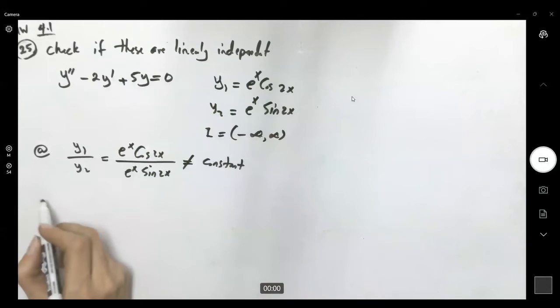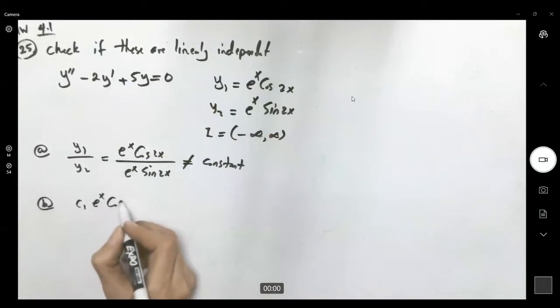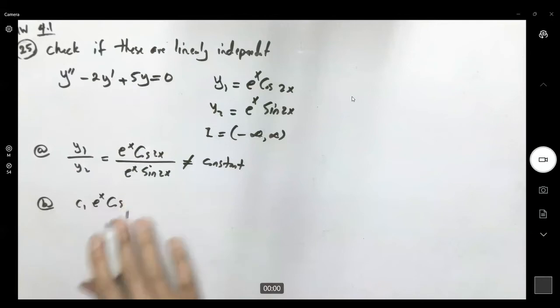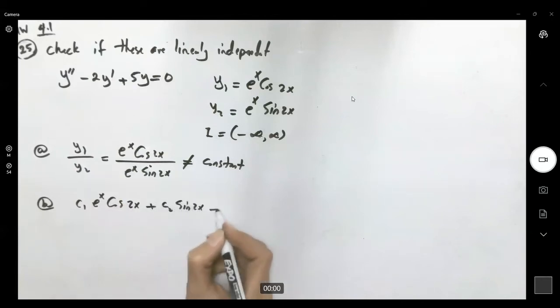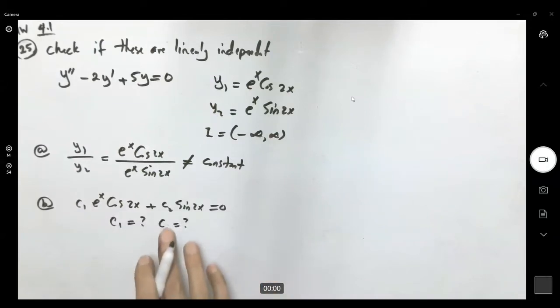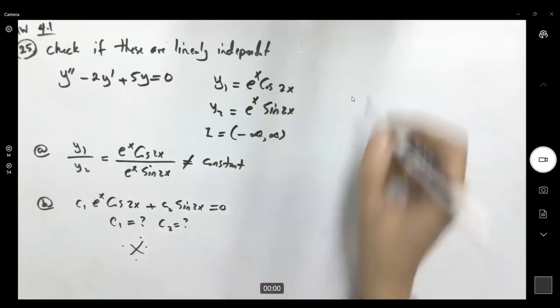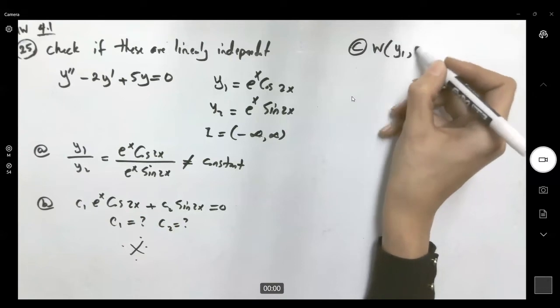Or you might be interested in finding C1 and C2 such that C1 cosine 2x plus C2 sine 2x equals 0. Try to find C1 and C2 that make this linear combination equal to 0. You cannot find them.